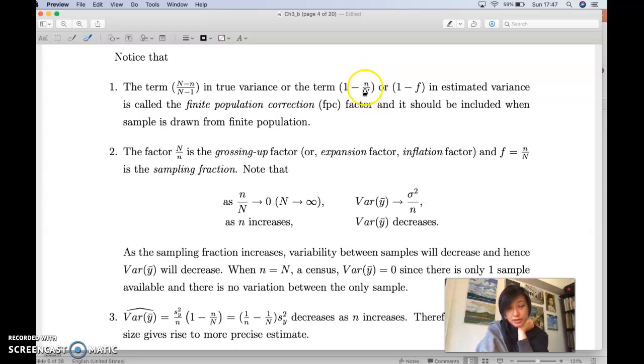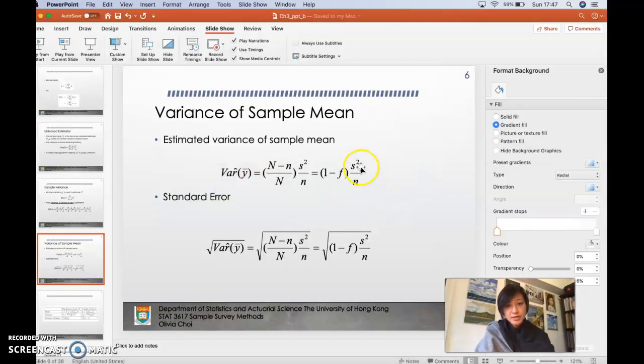And 1 minus an increasing number gives a smaller factor, a smaller finite population correction factor multiplied to s squared over n. So this seems to be a diminishing effect, giving a smaller value of the estimated variance of y bar.